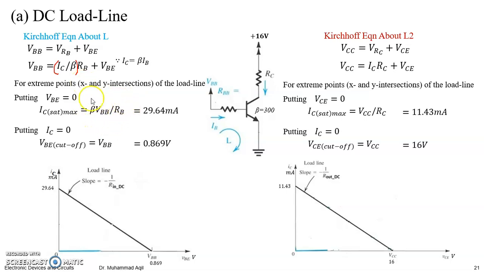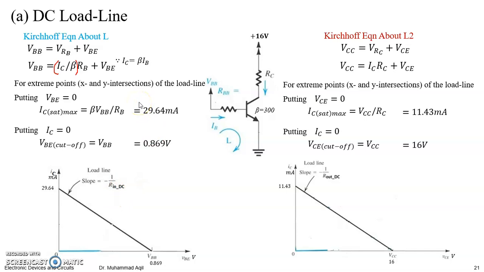Beta by RB VBB is your y-intercept, and your slope would be minus beta by RB, right? Why beta by RB? Because we are having IC here. If we use IB, because of VBE, it is only minus 1 by RDC, right? So actually in this RDC, we have beta inside. So it's RB by beta.